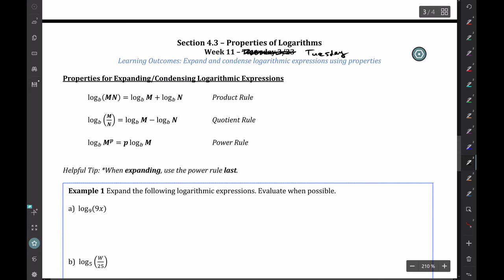We're covering 2 sections so that you can take your Chapter 4 test on Thursday, November 16th, and that's so that you don't have to have any class on the Tuesday before Thanksgiving. So there's no class on Tuesday, November 21st.